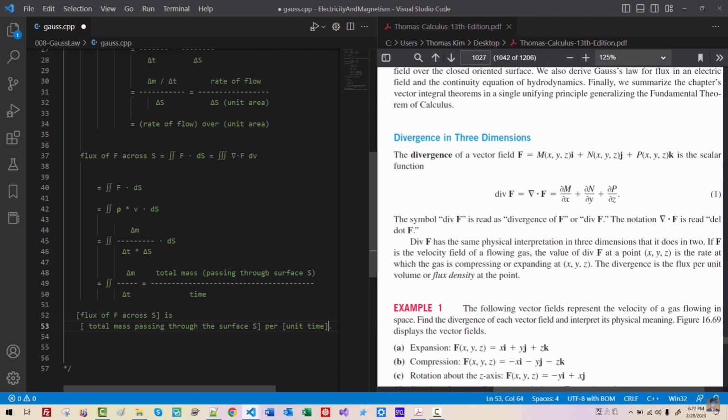Now you understand what is flux. This is total mass delta M over delta T.